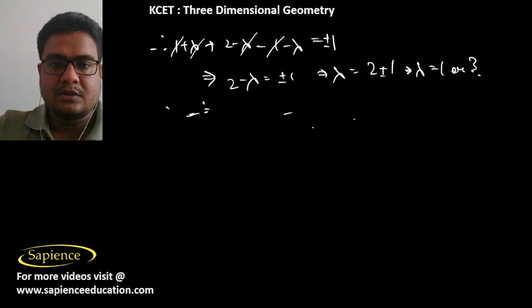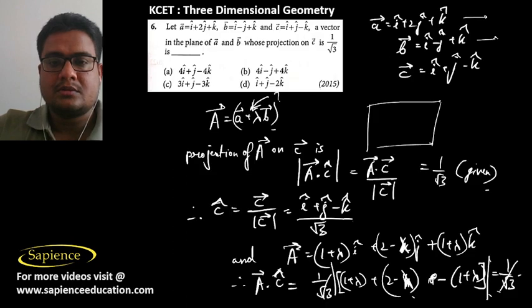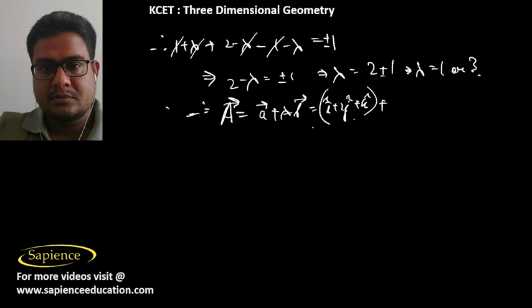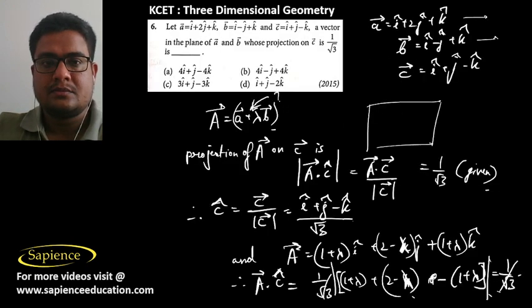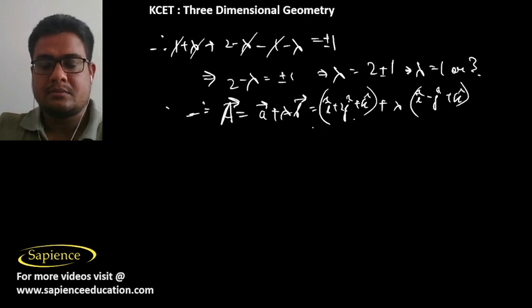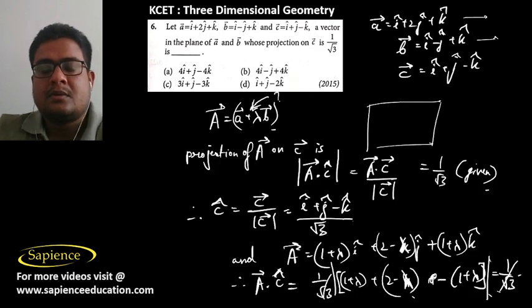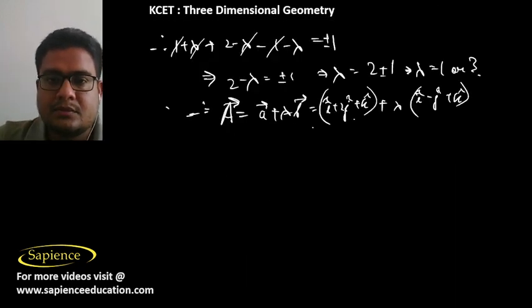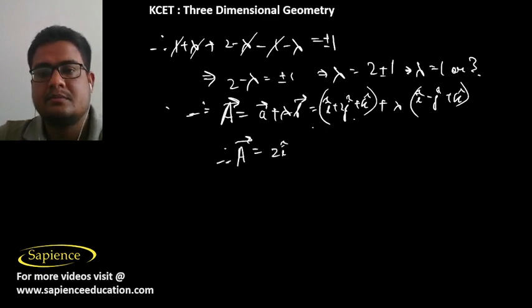Then therefore the vector A can be A plus lambda B. A vector is i cap plus 2j cap plus 2k cap, plus lambda into B vector, i cap minus j cap plus 2k cap.